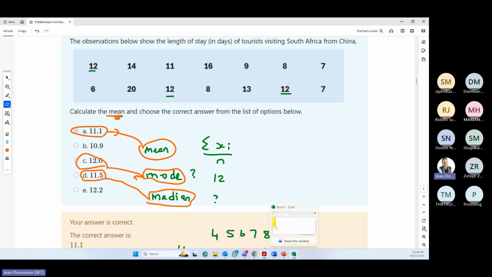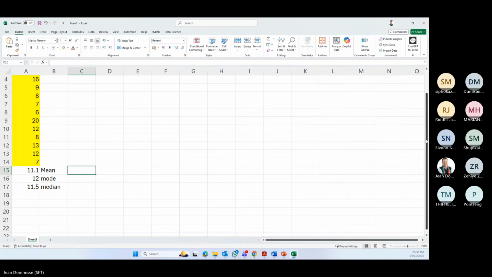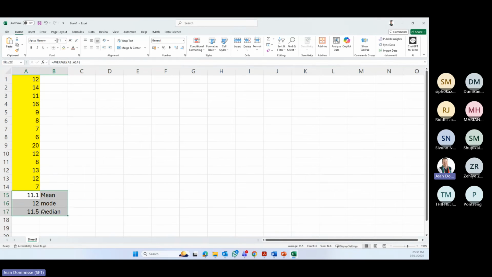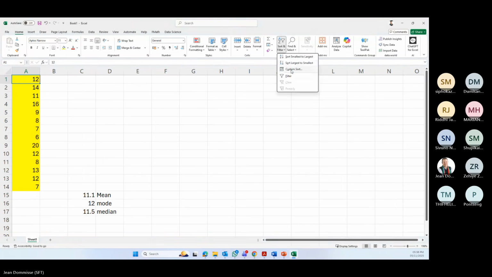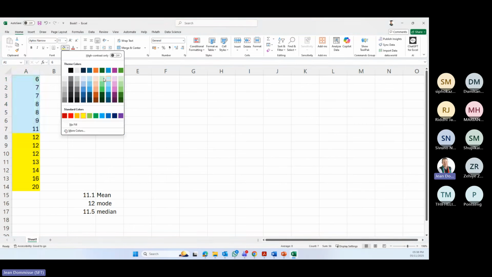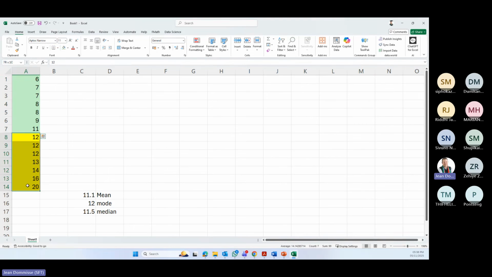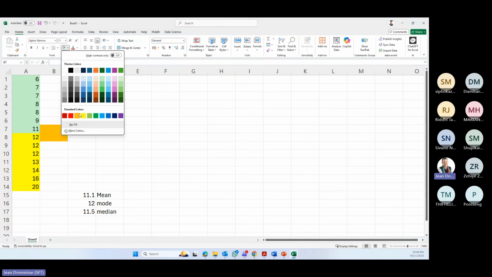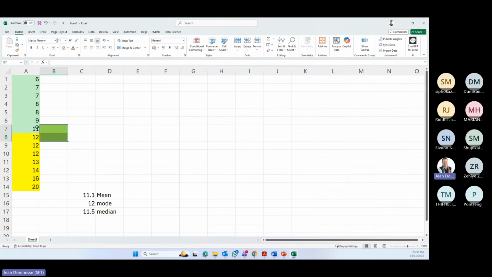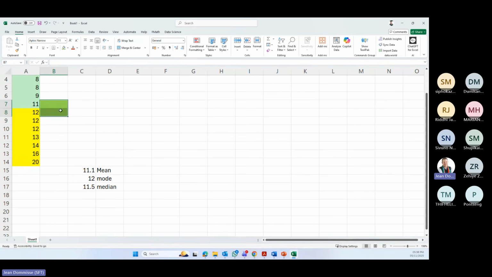So you could have gone the Excel route just to order the data. And then out of that order, that would have been your first 7 numbers, and that's your second 7 numbers. So you can see that between 11 and 12 is where your median is, it's 11.5.